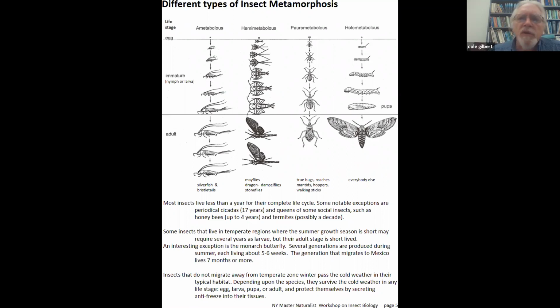Our local insects, maybe some of the longer lived ones, honeybees, the monarchs that are here growing now, they haven't quite yet started to migrate to Mexico. But they'll go down there and spend the winter as an adult.